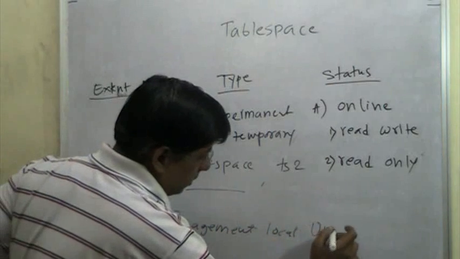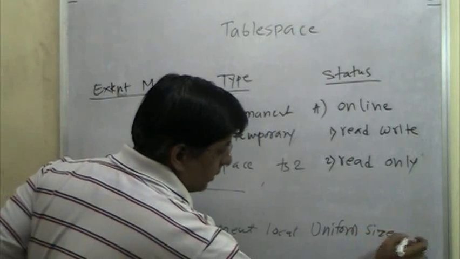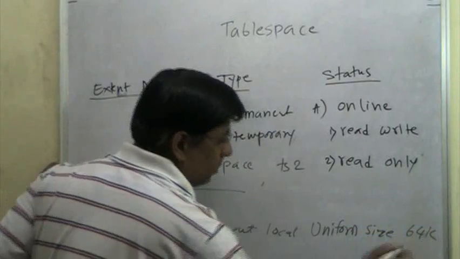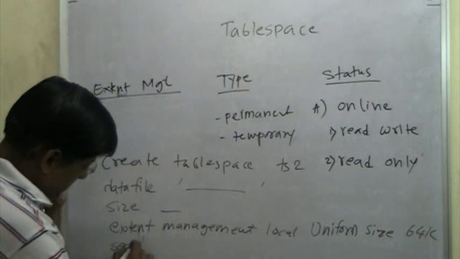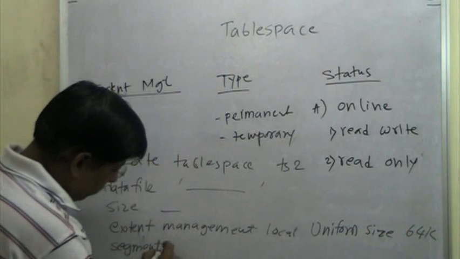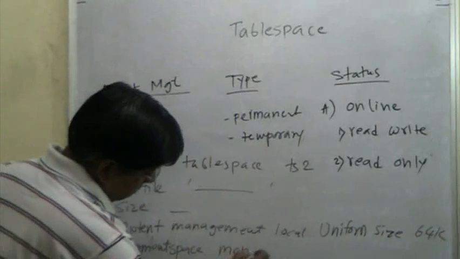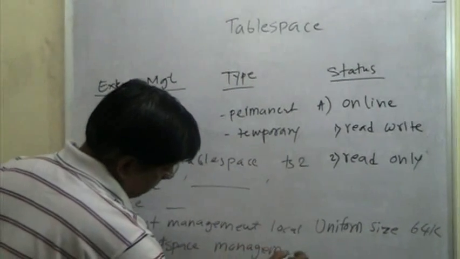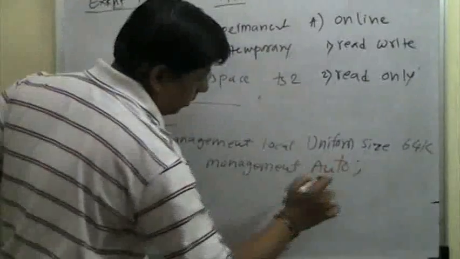Uniform size, and you give any size you like, maybe 64K this time. And segment space management, it is one word, AUTO, and a semicolon.